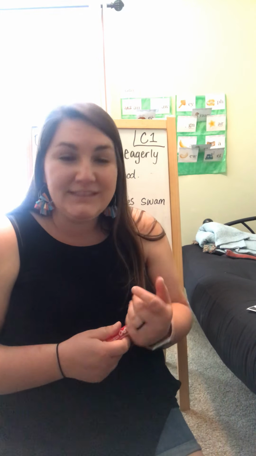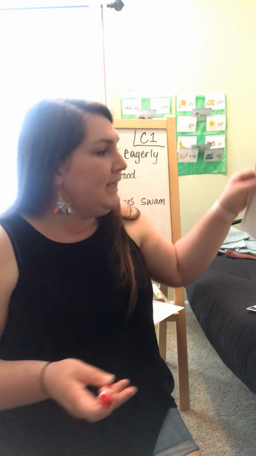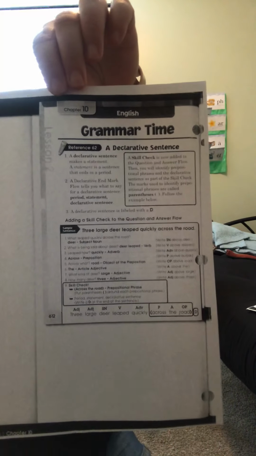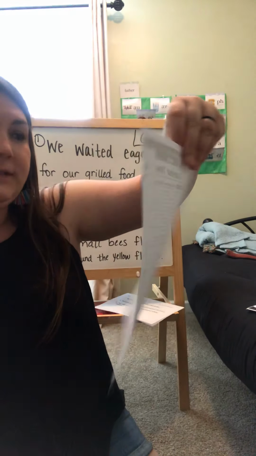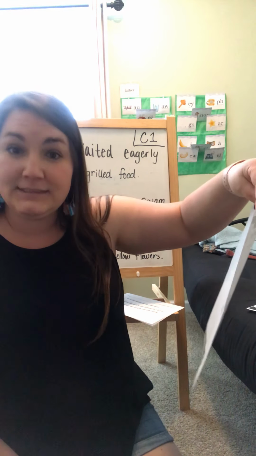A declarative sentence is actually just a sentence that has a statement. So if you pull out your paper that says grammar time, we took a copy of what it would look like in your English books, since you don't have those. It says a declarative sentence makes a statement. And a statement is something that has a period at the end.